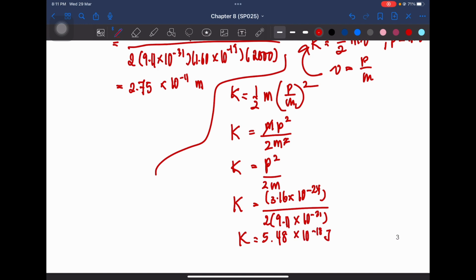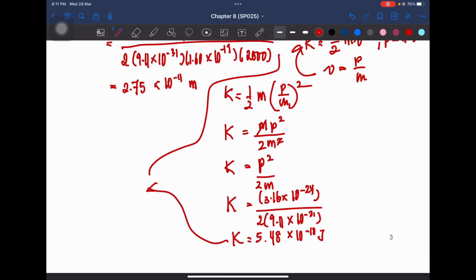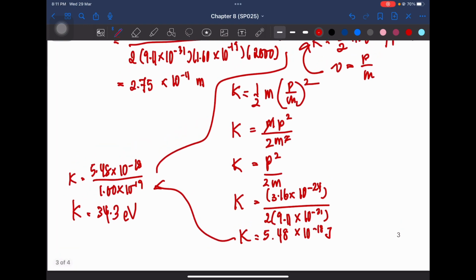If you want to convert it into electron volts, you divide it by 1.6 times 10 to the negative 19. So you will get 34.3 electron volts. Okay, so that is the answer.